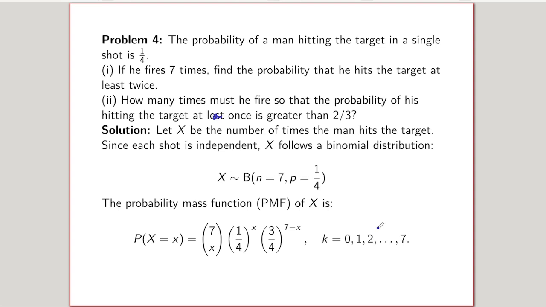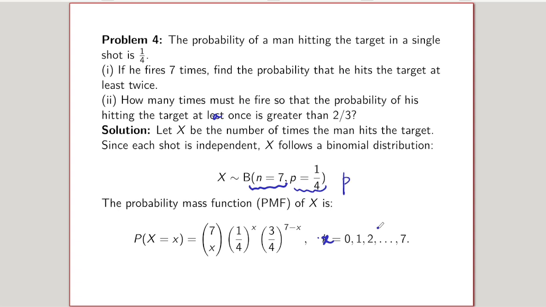So we are going to write the binomial distribution. Clearly he is hitting, the number of chances is 7 and the probability of hitting the shot is 1 by 4. So probability of X equal to x will be 7Cx, 1 by 4 power x, 3 by 4 the whole power 7 minus x, with x values from 0, 1, 2, etc. up to 7.